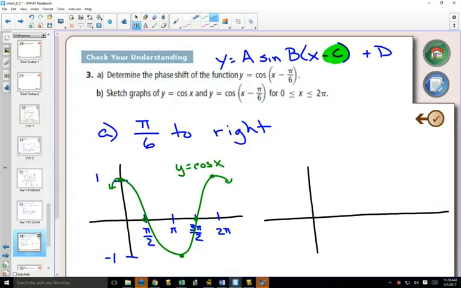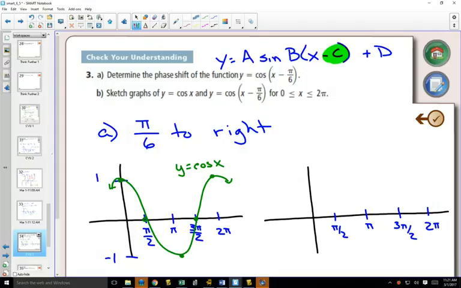Now I'm still going to mark on here 2 pi so we can see those initial 4 quadrants. And then in a different color, I'm going to shift each of those marks pi over 6 to the right.